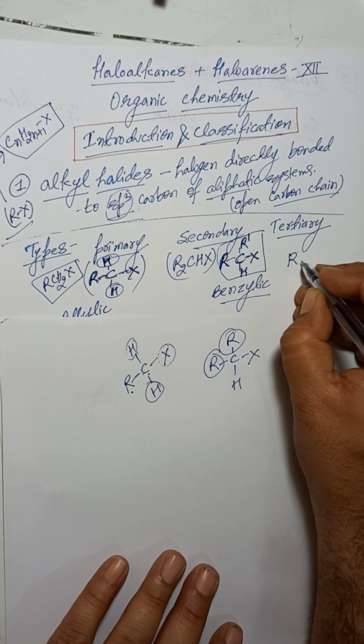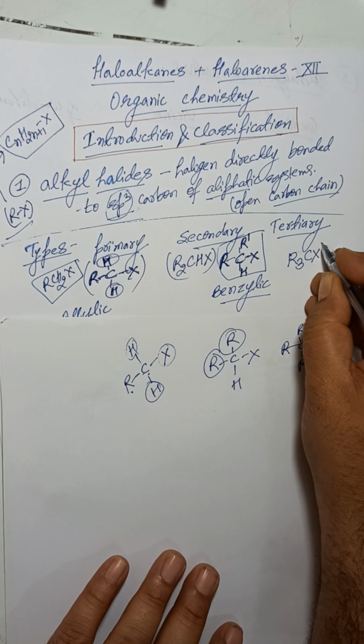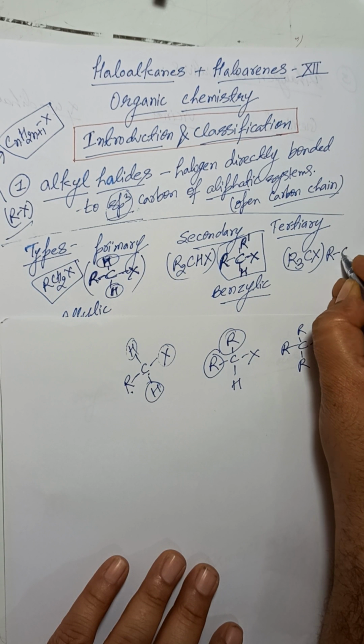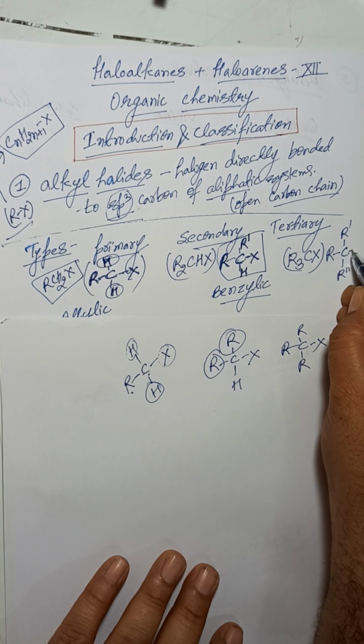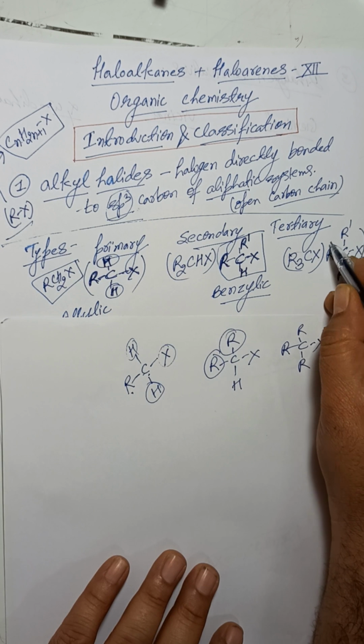So like this, R3CX or R, C, R dash, R double dash, X.